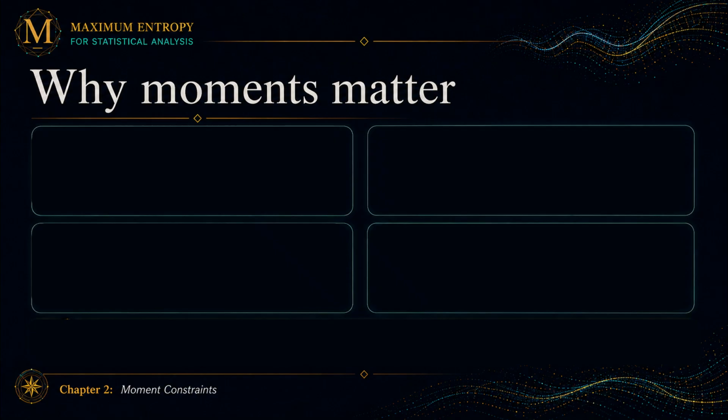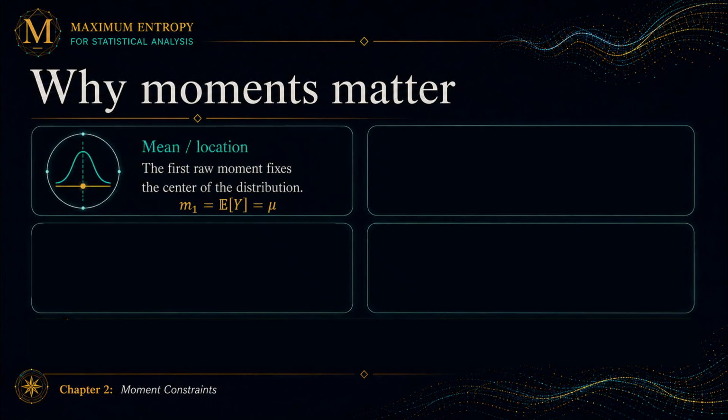So why do moments matter? Well, like I was saying at the beginning, moments encode certain features of the probability distribution. So for instance, the first moment is the expected value of y, which is the mean of y, which is often represented with the Greek letter mu, right? So the first moment encodes the mean.